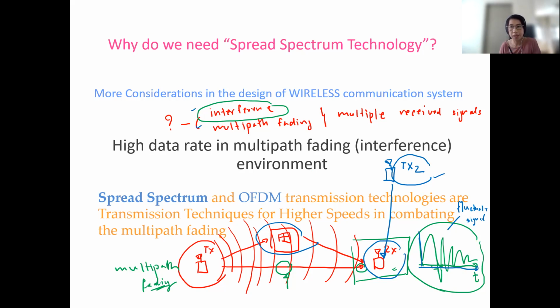I explained last time that one of the techniques is that we can use the spread spectrum technique to achieve better quality of the signal. And another technique is called OFDM. This one I will teach you next week.